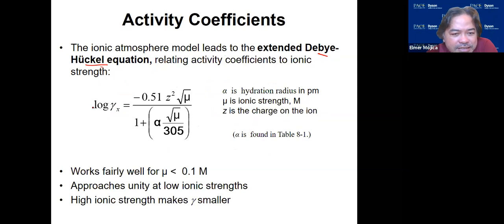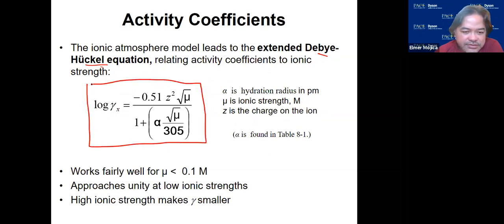In the Debye-Hückel equation, you relate the activity coefficient to ionic strength using this formula. The log of the activity coefficient equals negative 0.51 times the charge of the ion squared times the square root of the ionic strength, divided by 1 plus the square root of ionic strength times the hydration radius in picometer over 305.